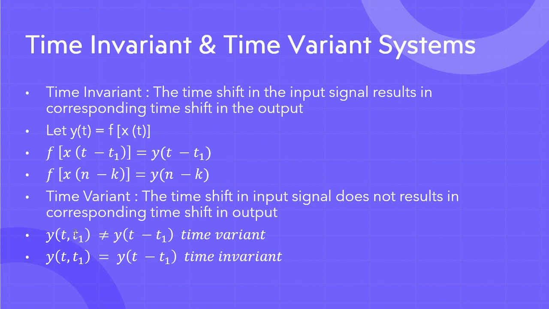Like this, if y of t comma t1 does not equal y of t minus t1, your system is time variant. And if y of t comma t1 is equal to y of t minus t1, then your system is called a time invariant system, right? So that is your time variant and time invariant property.